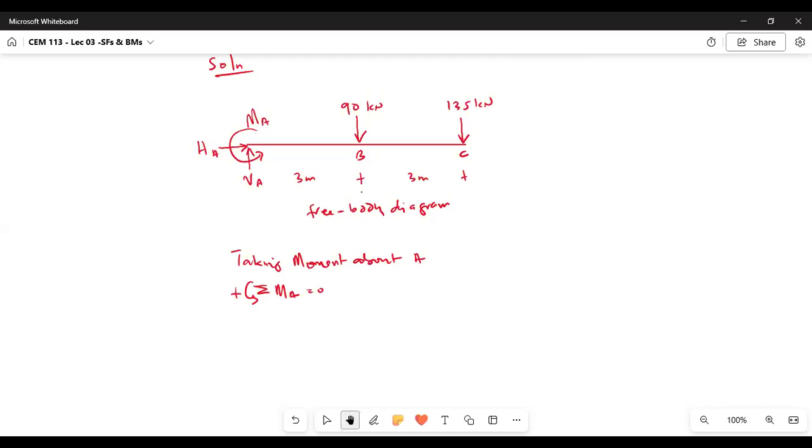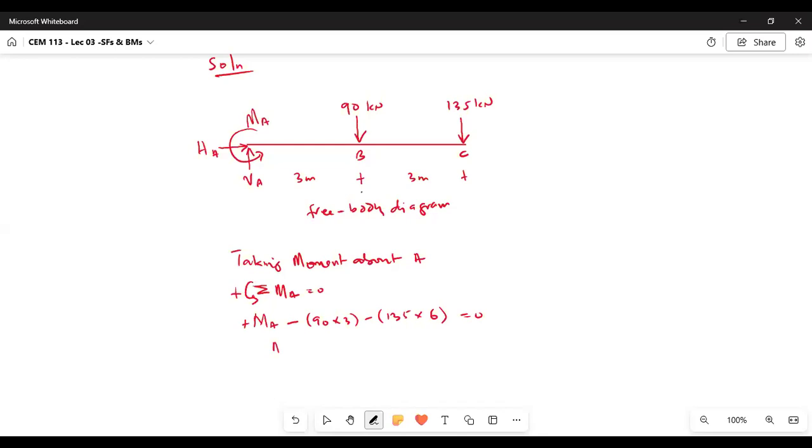So the moment there is MA, which is anti-clockwise, so it's positive. Then the 90 will be a clockwise moment, so negative, and the 135 will also be clockwise, and the distance is 6, and this will be 0.